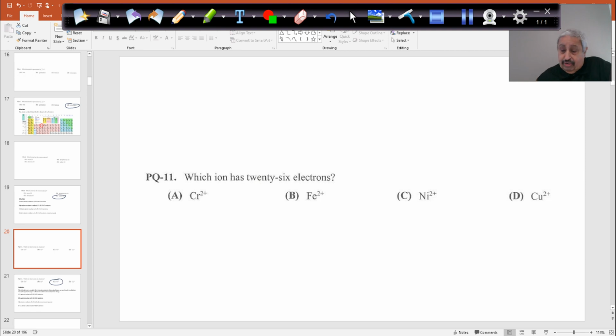So, chromium, what's the number of electrons or protons in a neutral one? You have a periodic table, guys? So how many for chromium? The number of protons in a neutral atom equals the number of electrons. So how much is it here?